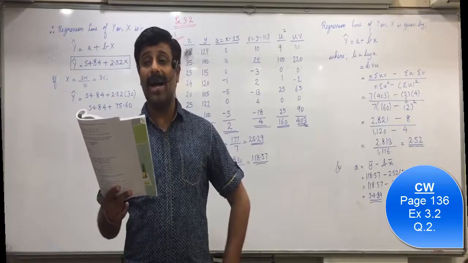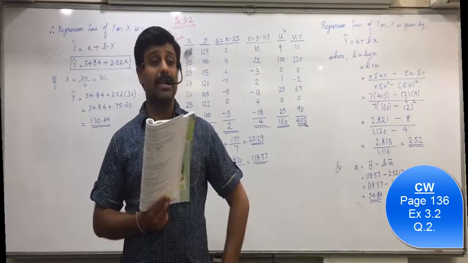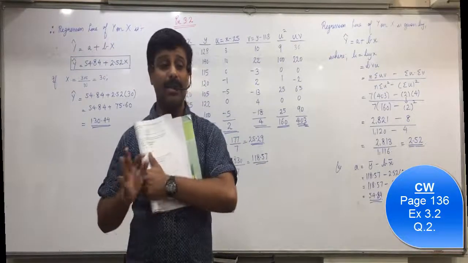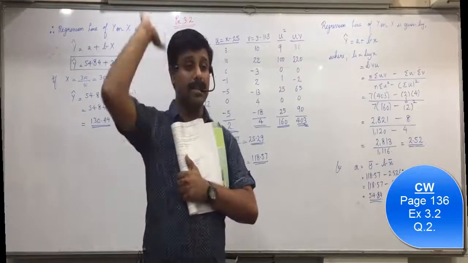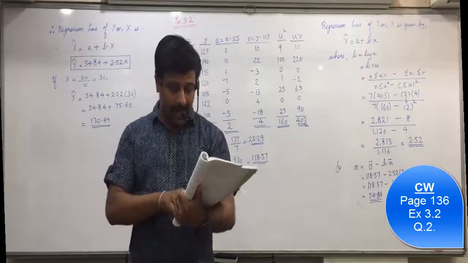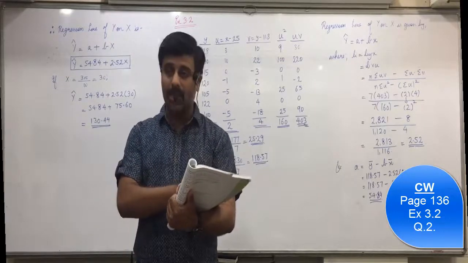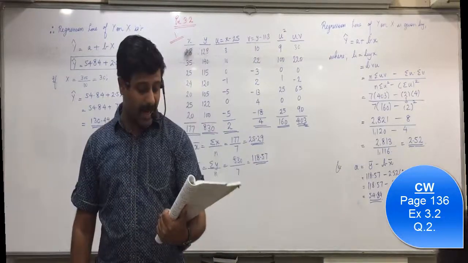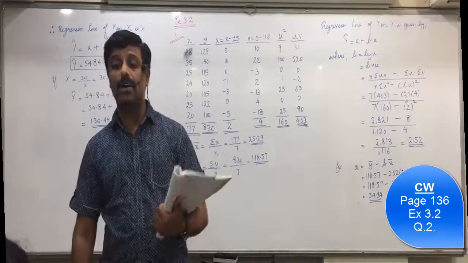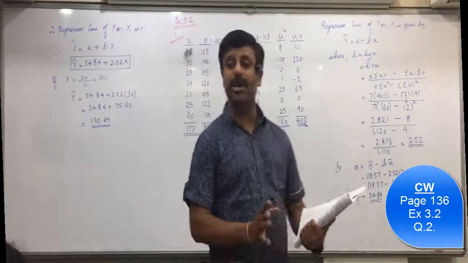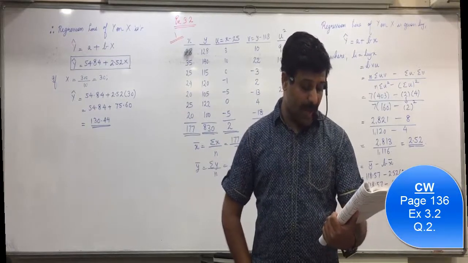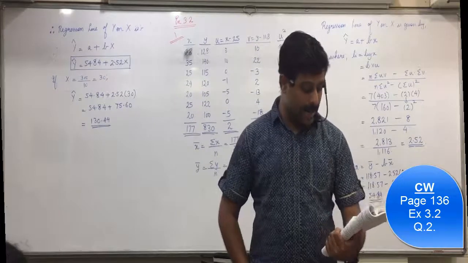Don't keep a habit that when one person says anything in the class, in chorus you repeat that. Apply your own logic. Underline height of son, it's already denoted as y below, mark it as y. Underline height of father, what is that denoted as? X. So which relation line we have to find? Y on x.